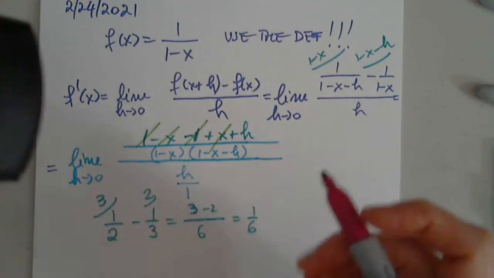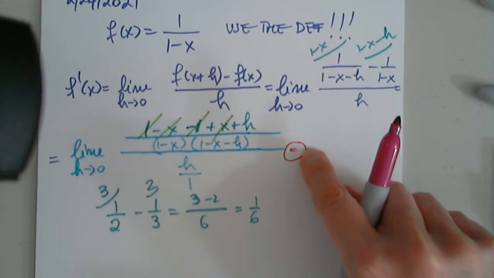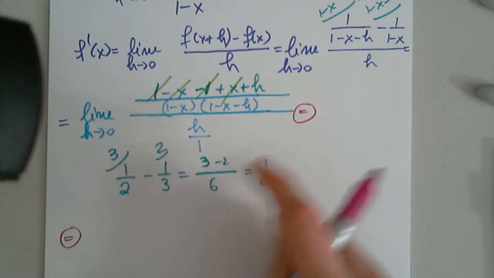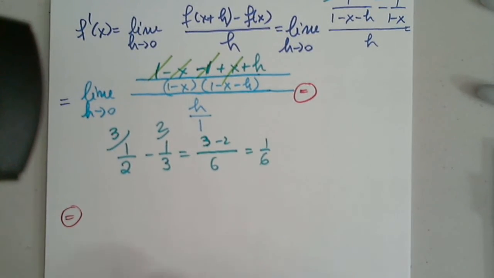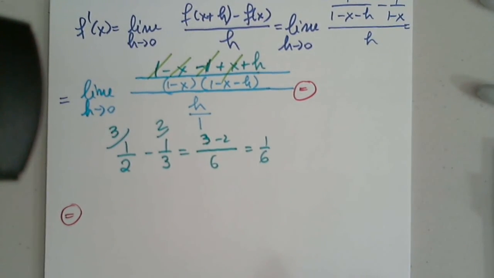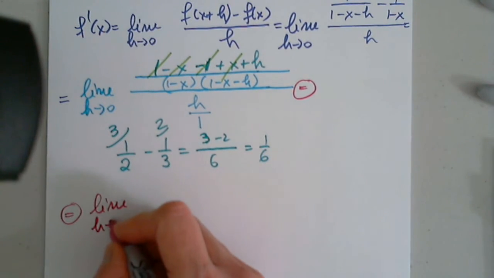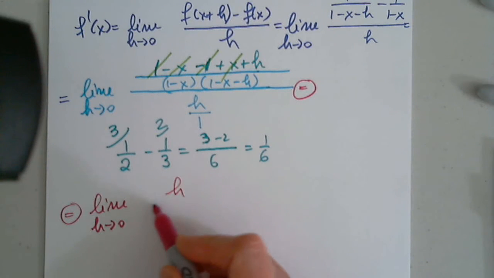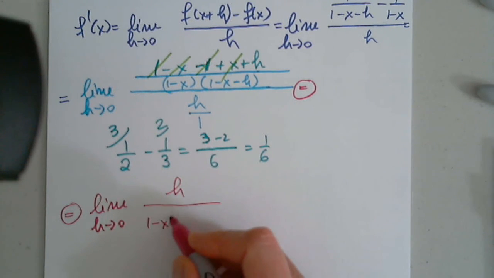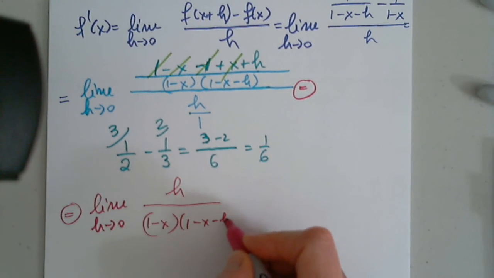Perfect. Okay, so indeed that's what happens. I put this symbol here because I want you to know that there is something that follows. And since I wrote this in the middle, which is not connected per se, you know where to jump. So the numerator is h, the denominator is 1 minus x minus h.